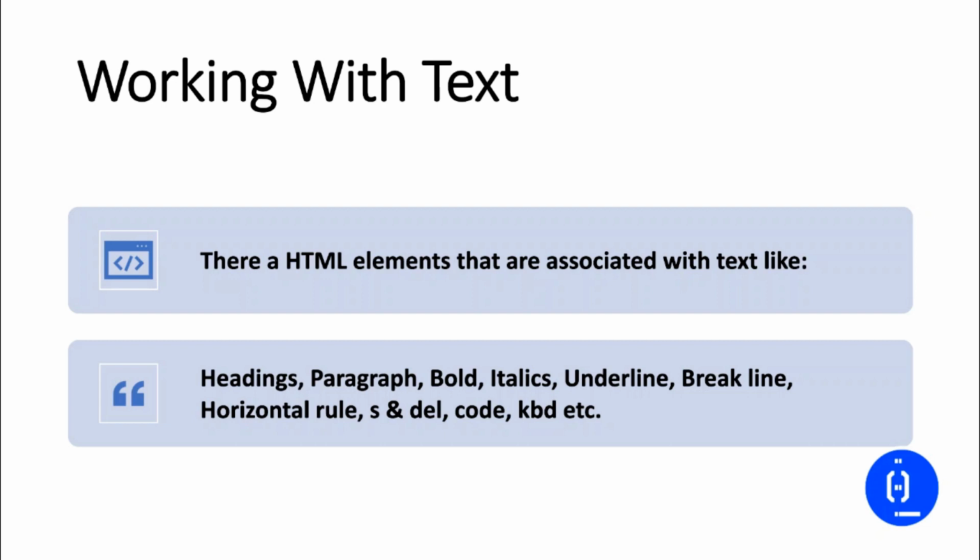The examples of those tags are headings, paragraph, the bold tag, italics tag, underline tag, break line tag, horizontal rule tag, S and DEL tag, code tag, and KBD tag. And we're going to see those tags when we jump into Sublime Text, but I just want to go through this slide and mention some of them.